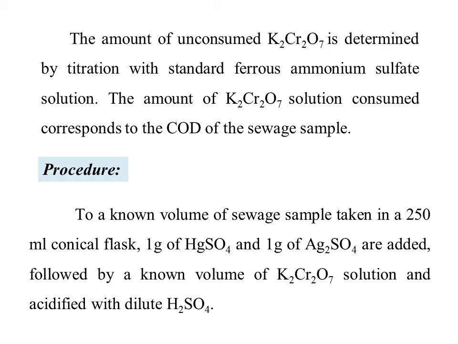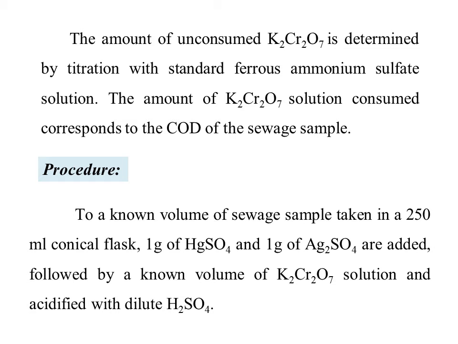And lastly, after the complete oxidation of organic matter, the unconsumed potassium dichromate that remains is estimated with the help of standard ferrous ammonium sulfate by the titration method. For that you need to use an indicator. Ferroin is the name of the indicator.